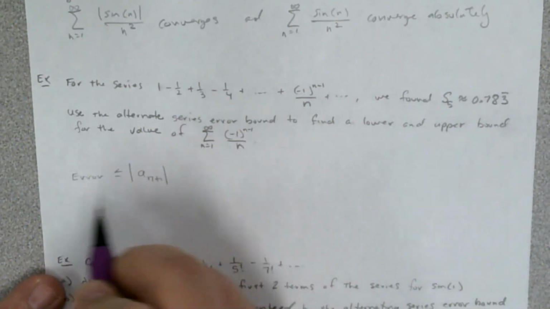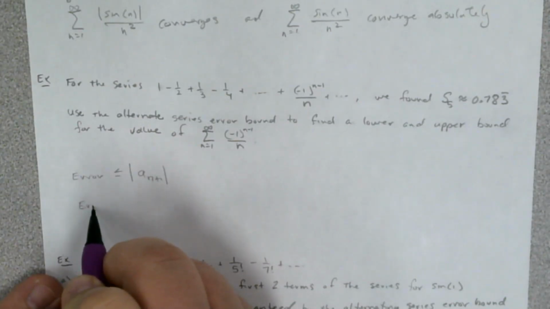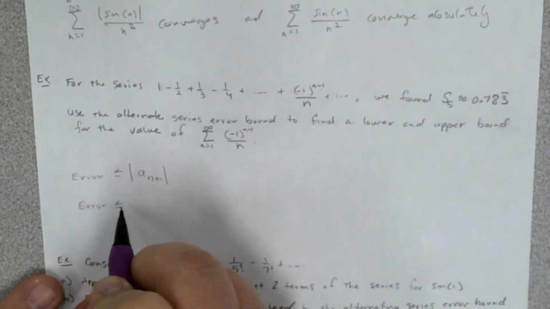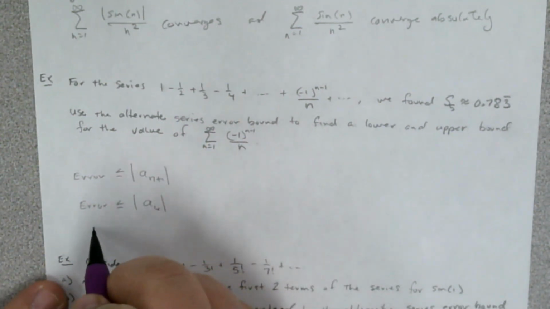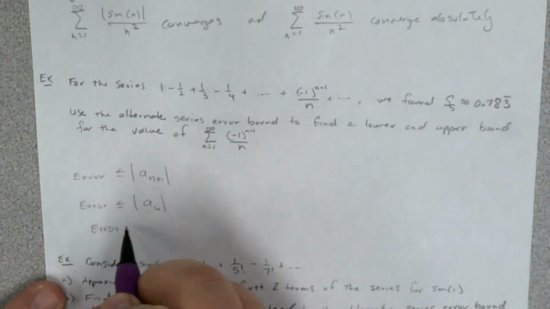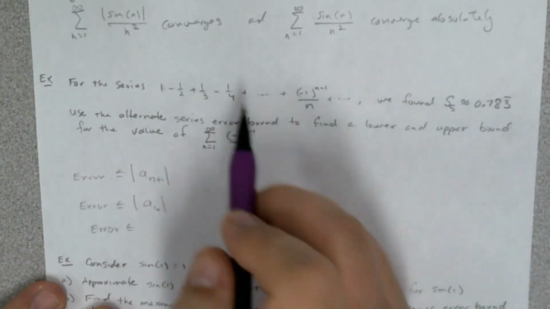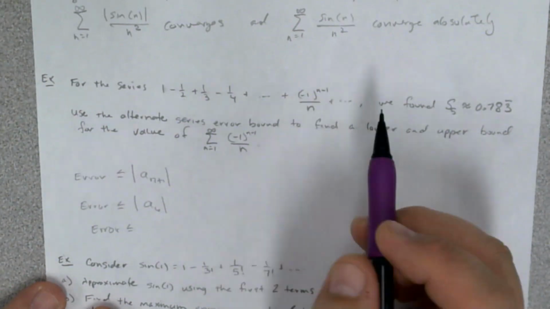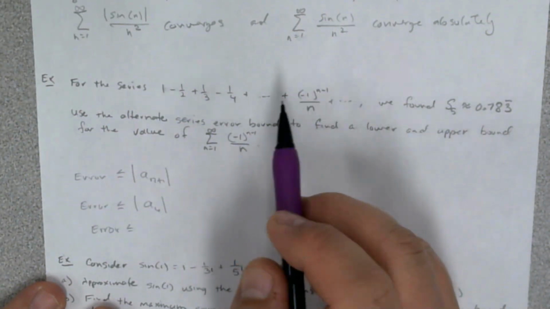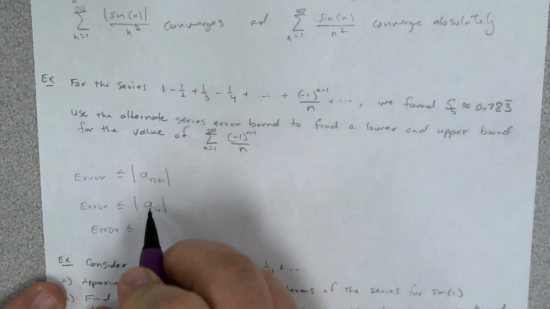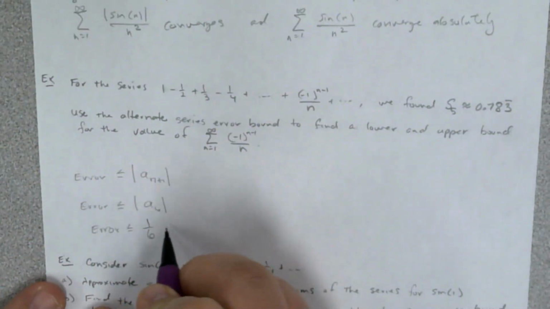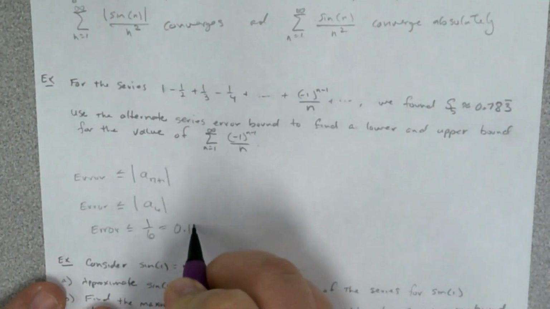So for us, that means our error is less than or equal to the absolute value of a sub 6. Well, what is a sub 6? Remember, in our sum, a sub 5, the fifth one, is 1 over 5. The next one is going to be 1 over 6, so this is less than or equal to 1 over 6. And 1 over 6 is equal to 0.16, and the 6 repeats.